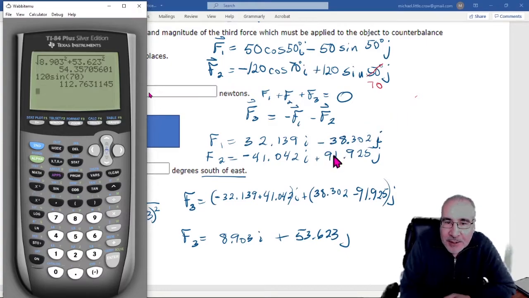Okay, so this component here is 112.763. That makes this 112.763, which makes this something different. Let's do that.